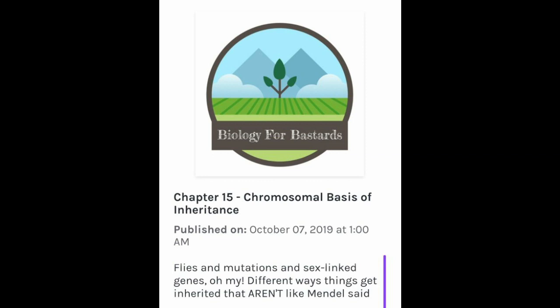The closer two genes are on the same chromosome, the less likely that the split in crossing over is going to separate those two genes. If they're really far apart on the same chromosome, crossing over should happen, so you should see the expected ratio. As you get closer and closer, the odds of a crossing over event happening between those two genes becomes smaller and smaller, so they tend to be inherited together. So you see a lot of blonde hair, blue eyes, or red hair and freckles. Those tend to be linked because they tend to be close together on the same chromosomes.